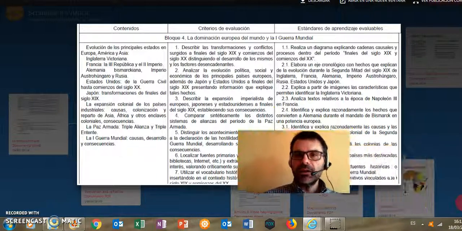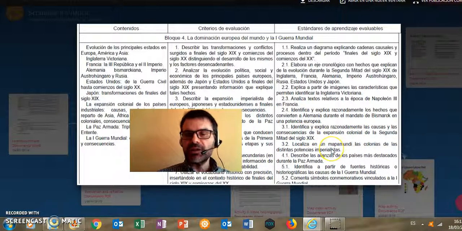Here it's important that we are invited to learn about a map, about the colonial map, and about the different colonial empires.